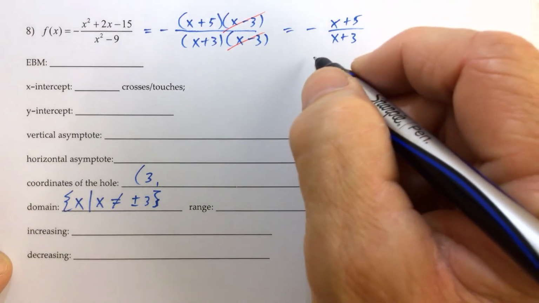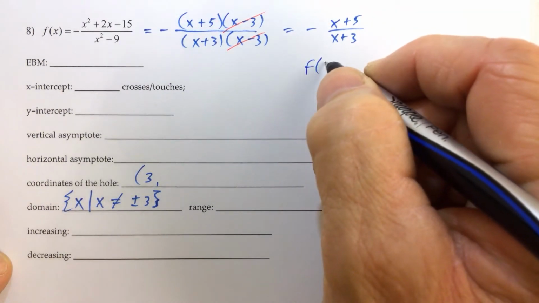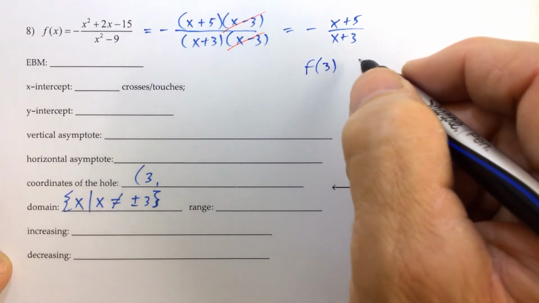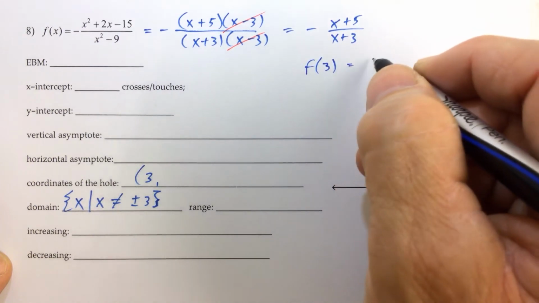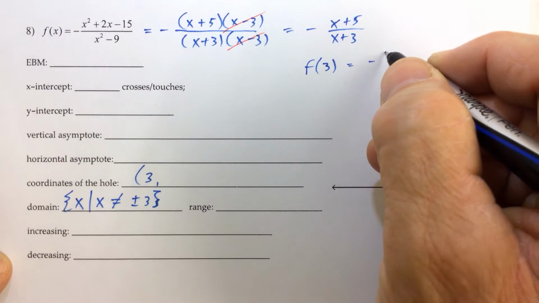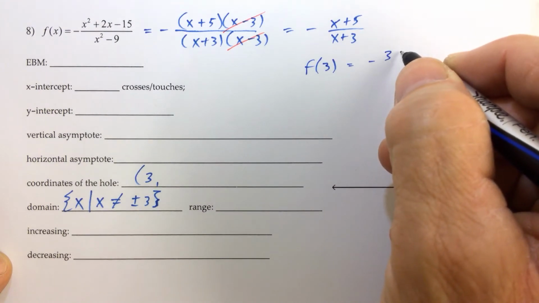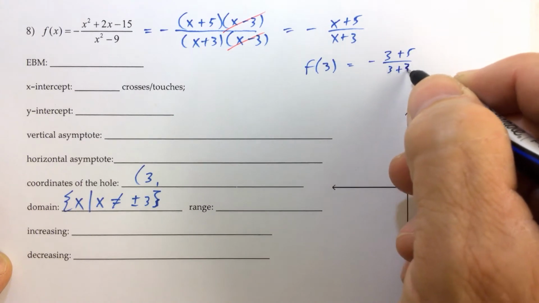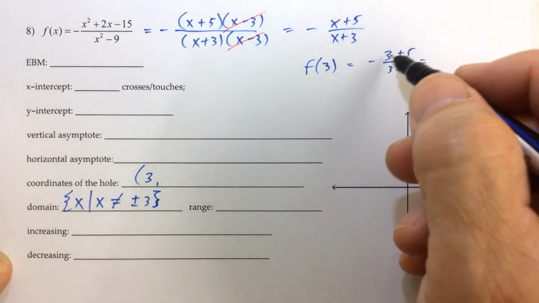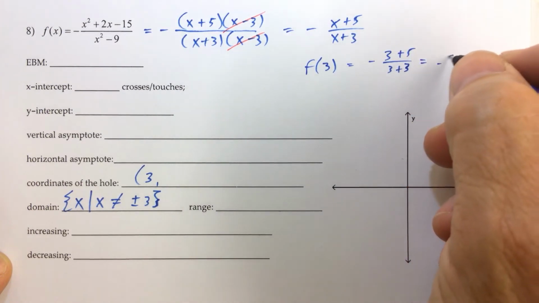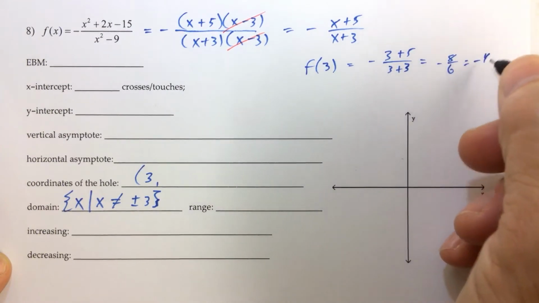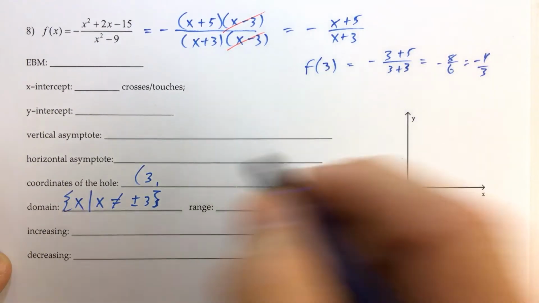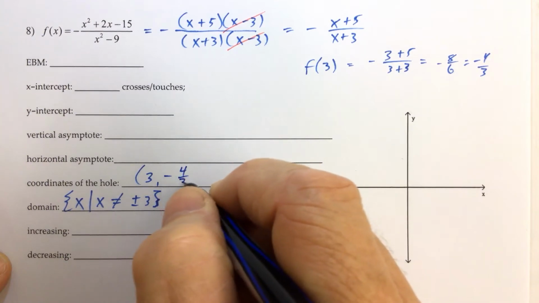And if we replace x with 3 in the factored form, we get f of 3 equals negative (3 plus 5) over (3 plus 3), so we have negative 8 over 6, which is negative 4/3. So negative 4/3 would be the y-coordinate of the hole.